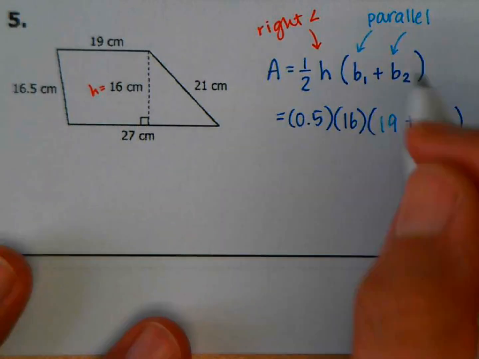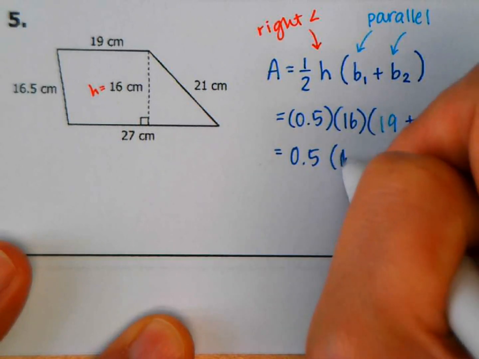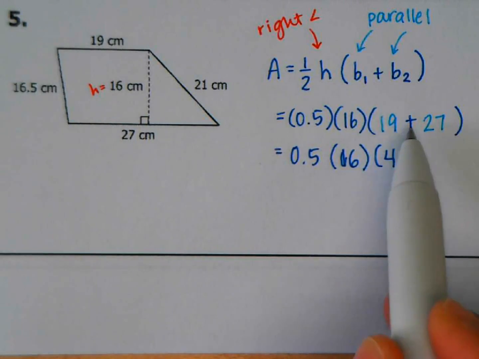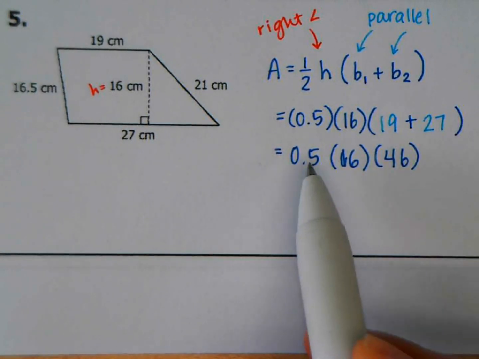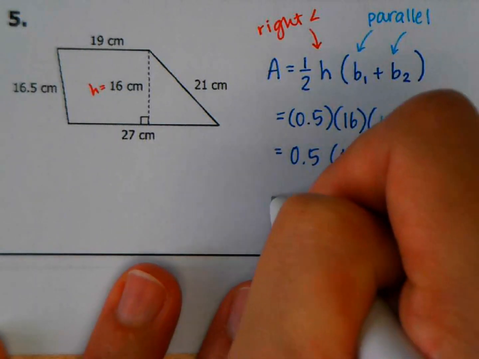In your calculator, that's 0.5 times 16 times 46. You're going to want to add this up before you type it all in. You're going to get, did you guys get 368? Yeah.